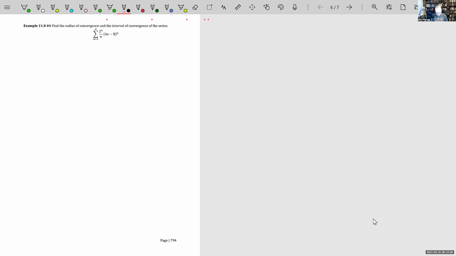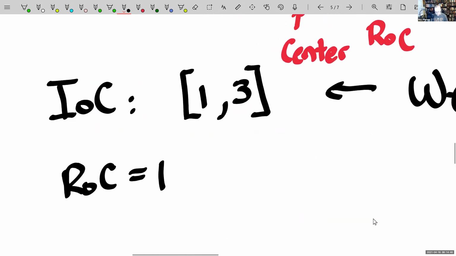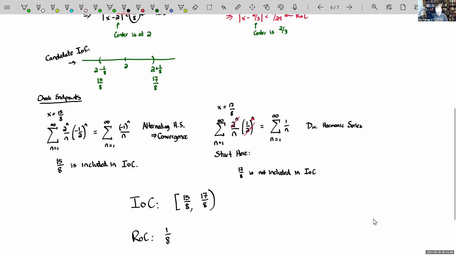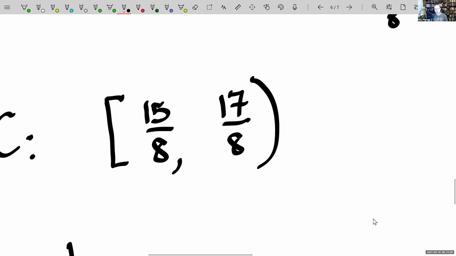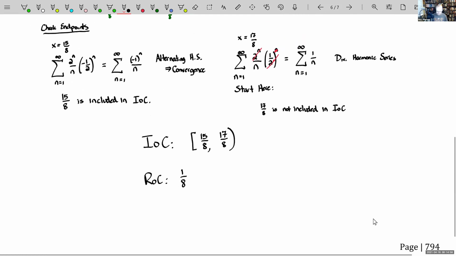That was the previous example, this guy right here, the closure from 1 to 3. I guess we didn't see the open from 1 to 3, but there's the closure from 1 to 3. And then we've seen half open intervals of convergence from 15/8 to 17/8, not including 17/8.